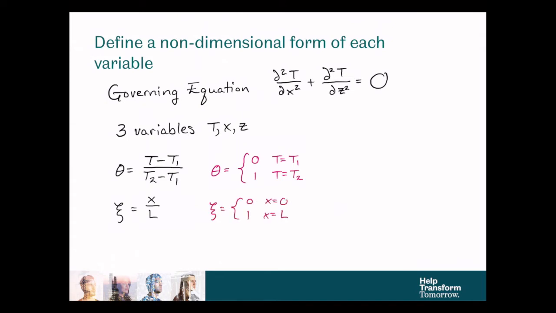And we know that's right because xi then varies between 0 and 1, as x varies between 0 and L. And it's the exact same story for our z position. We use the Greek letter zeta, and in this case, zeta is varying between 0 and 1, as z varies between 0 and L.